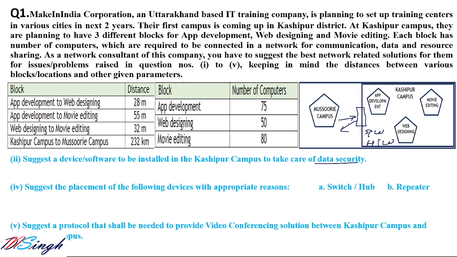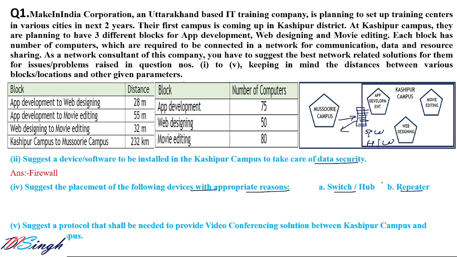So this particular thing or device or software is called what? Firewall. So we will put a software or hardware firewall here, which is going to monitor all the incoming and outgoing traffic, from internet to the local area network and from local area network to internet.